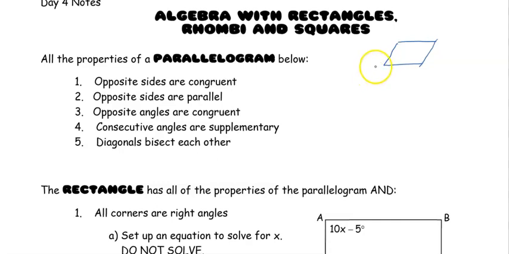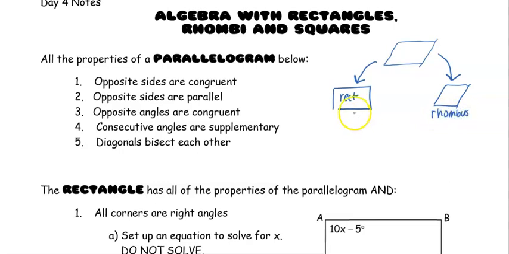The parallelogram is going to feed all of its properties to the rectangle. It's also going to feed all of its properties to the rhombus. And then the rectangle and the rhombus are going to feed all of their properties to the square.